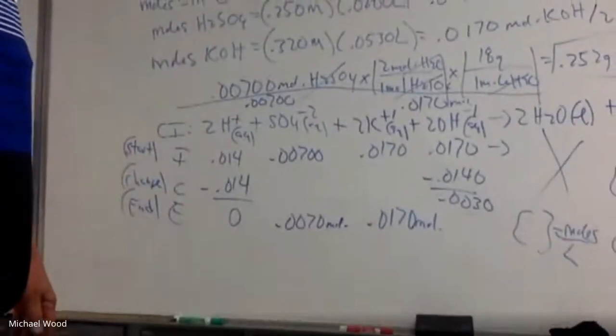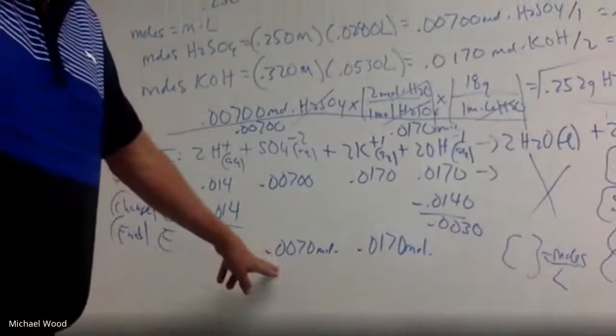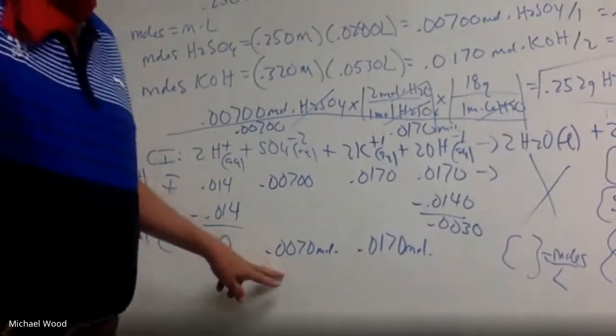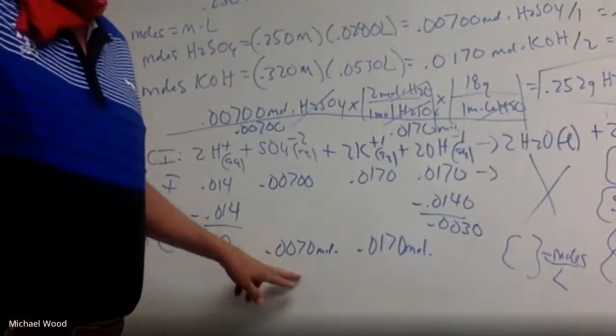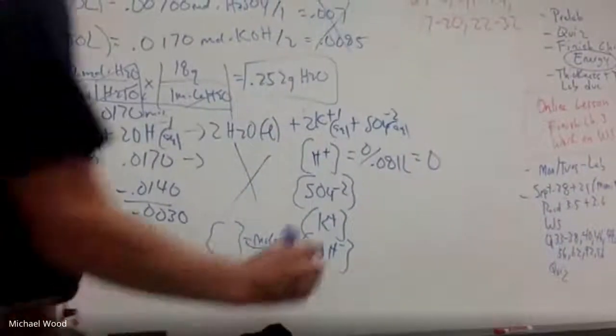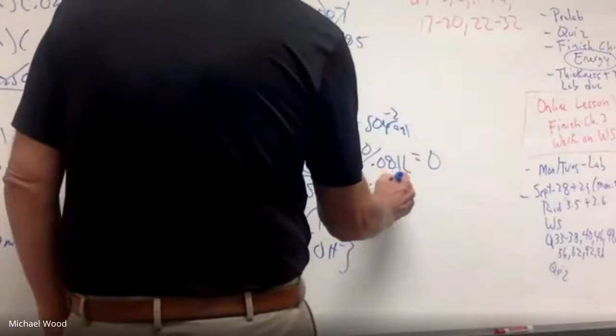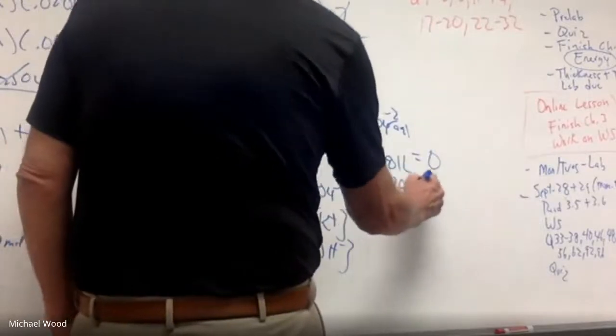Okay, for sulfate then, I come over here, and for sulfate, I have 0.007. That's the moles, divided by 0.081.